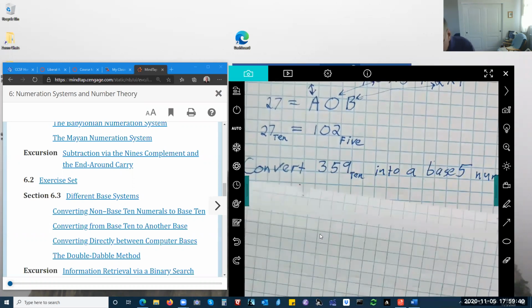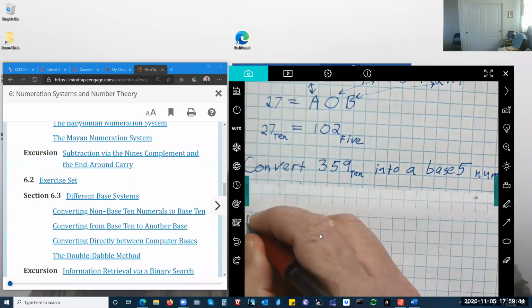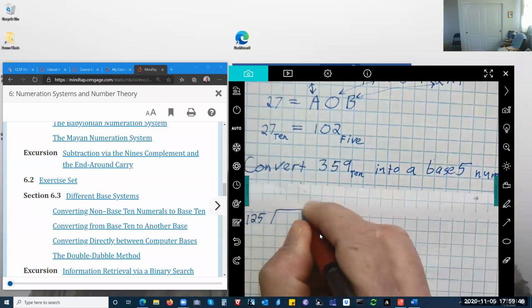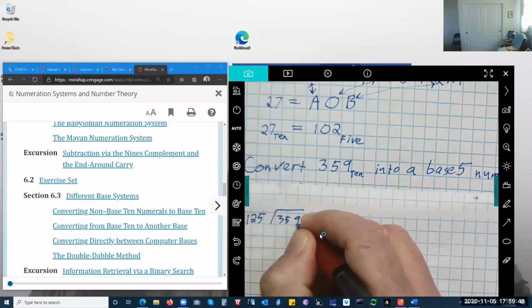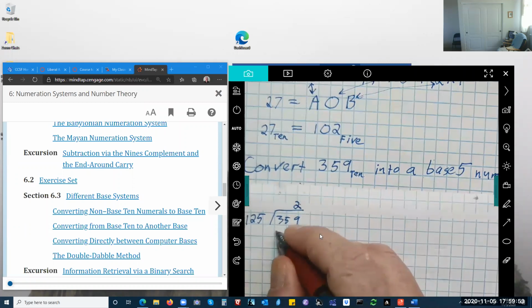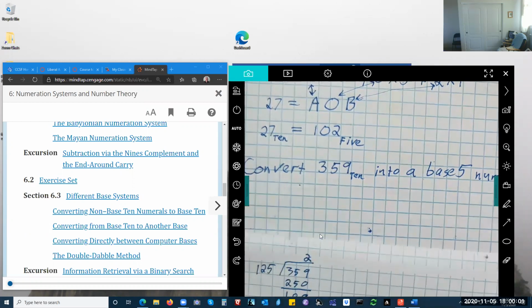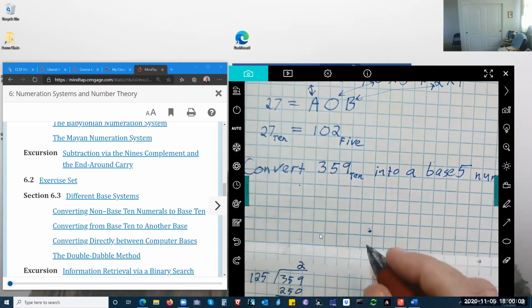I'll do a little scratch work here. See, I do how many 125s will fit into 359. There's 2 of them, with 109 left. Okay.